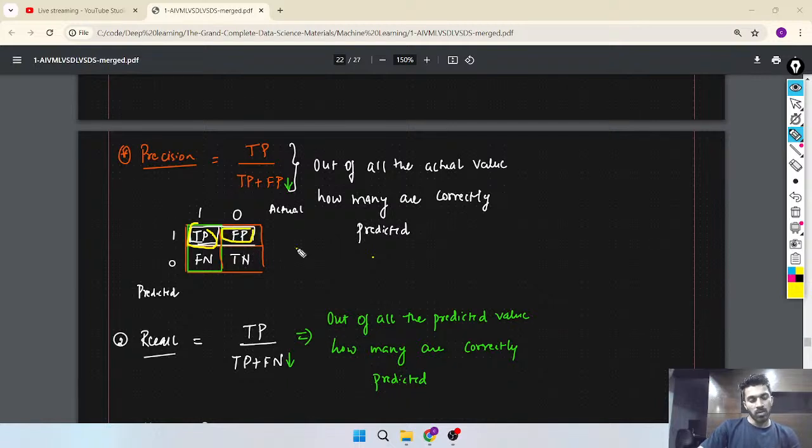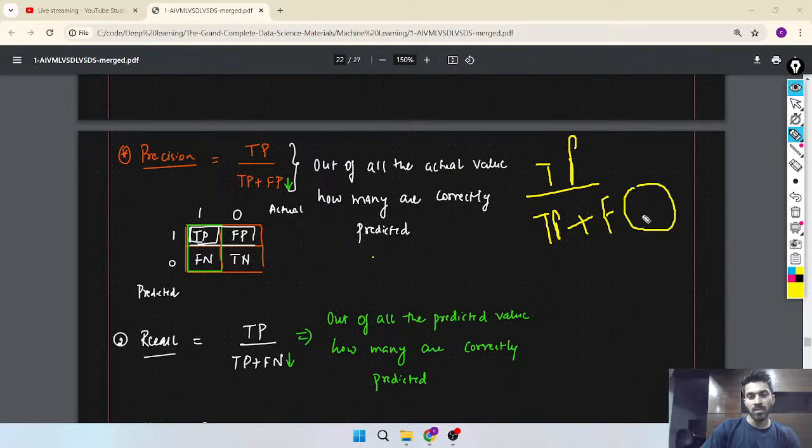To remember this formula, you can learn a story like this. True positive is coming everywhere. Whether you find precision or recall, true positive is there every time: true positive divided by true positive plus false something. Here the change happens: either false positive or false negative.